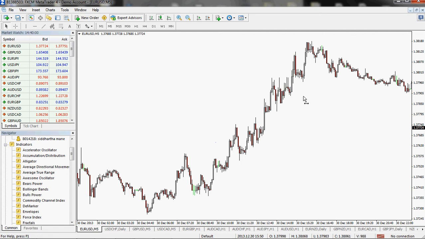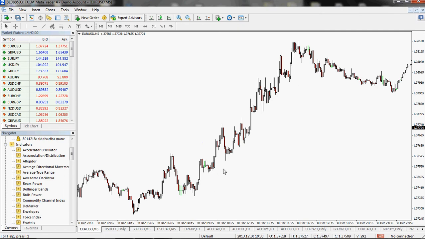If you see this chart, this one is a trending market, and this is yesterday, the 30th of December 2013. Let me try an arrow.